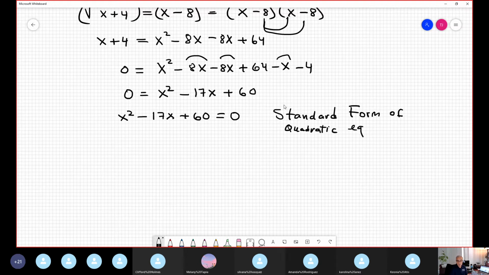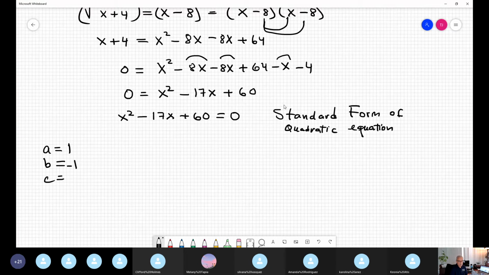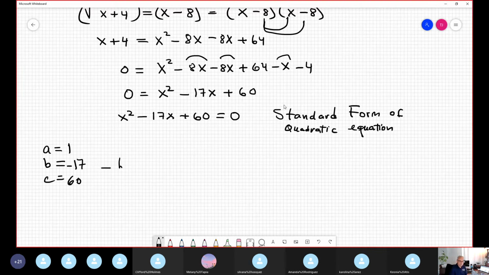And we can solve it using the formula again, or factorization. I have no idea. By factorization is easy in this example, but not in all. Let's do in general. A, B, C. A is 1, B is negative 17, and C is 60. I apply my formula.